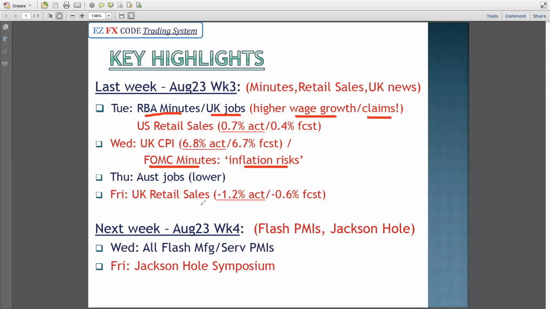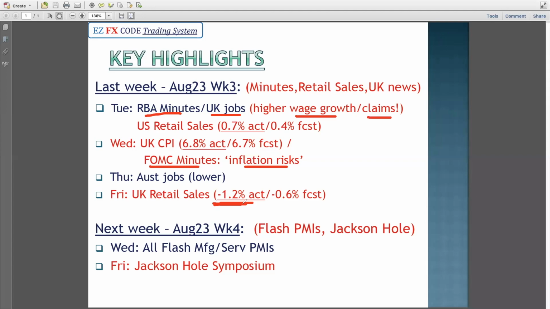And then also retail sales figures fell lower than expected. And this is also a concern for the economy, but may temper and influence the Bank of England to hold interest rates, as it's not as strong as expected.